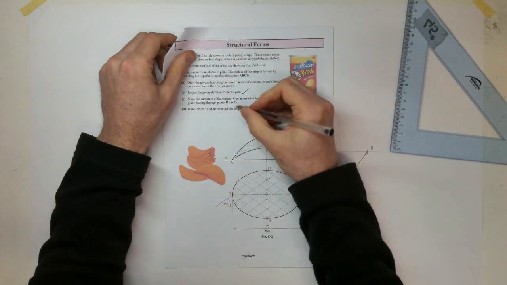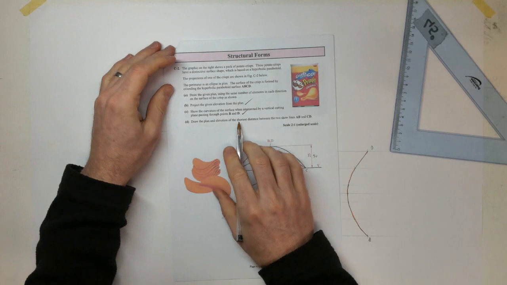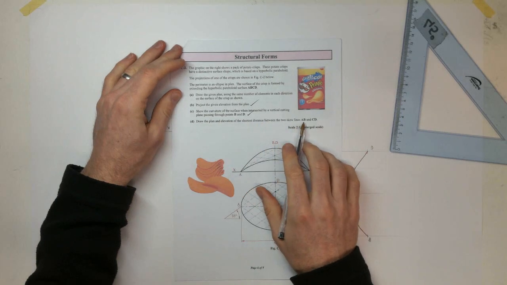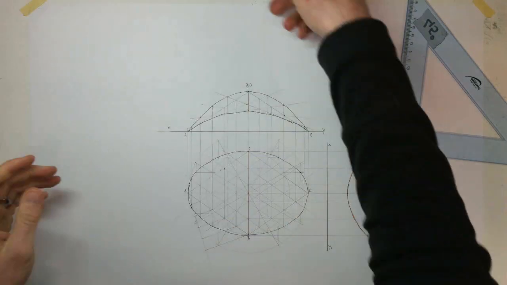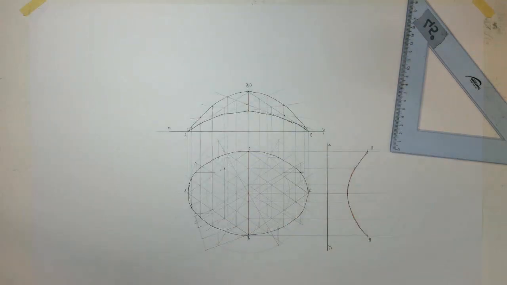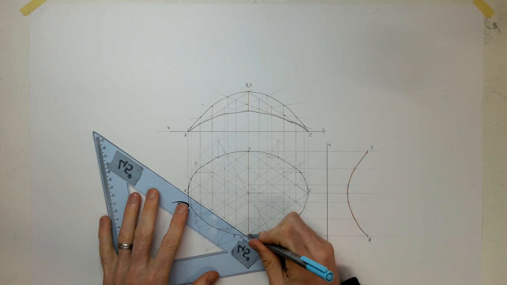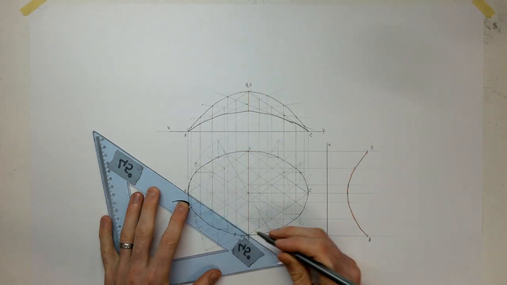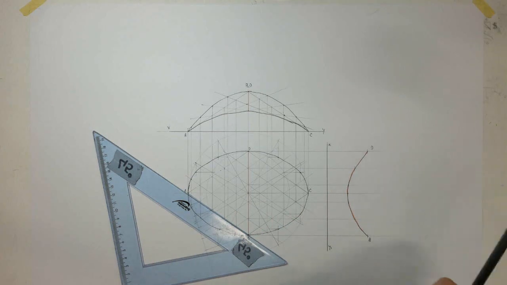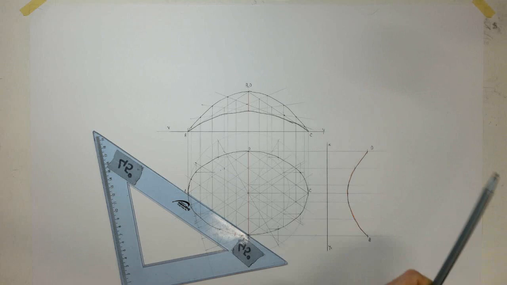Okay, so that's my part C, now finished. Finally then, draw the plan and elevation of the shortest distance between skew lines AB and CD. Okay, because things are getting a little bit muddled here, I'm actually going to highlight these skew lines. So AB and CD, using the same color.